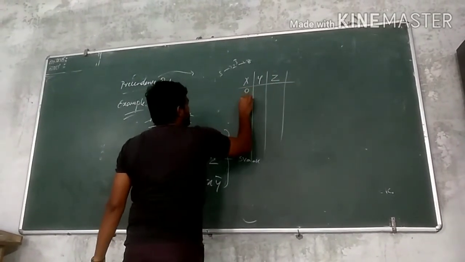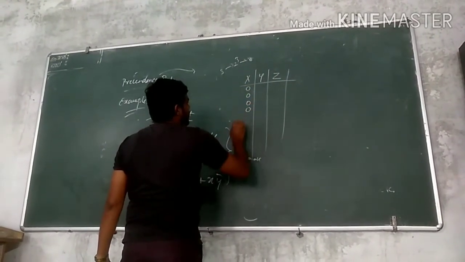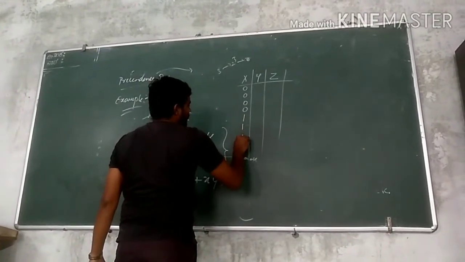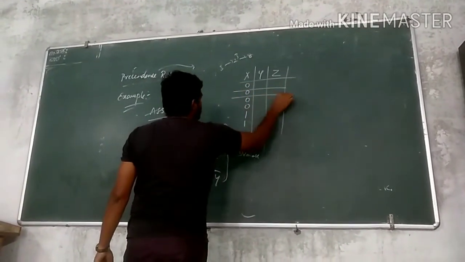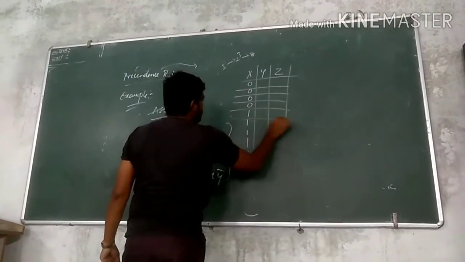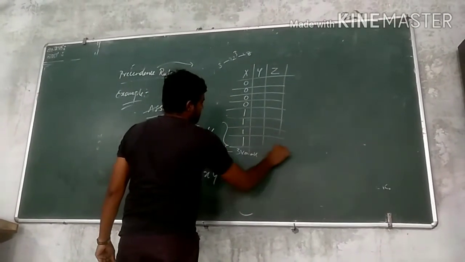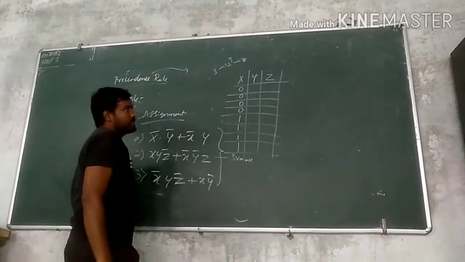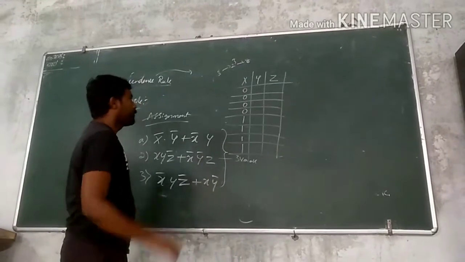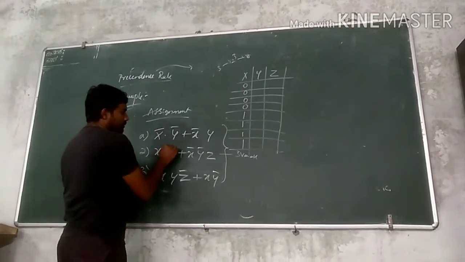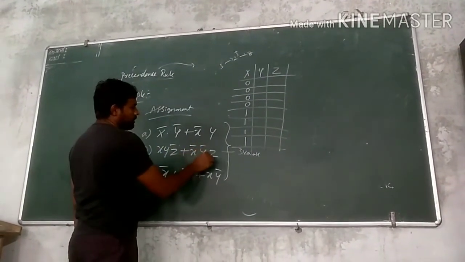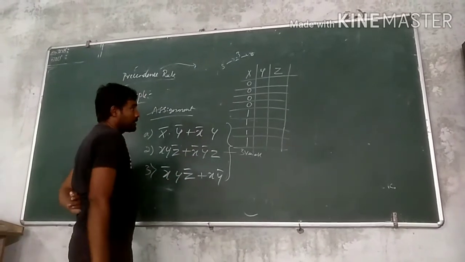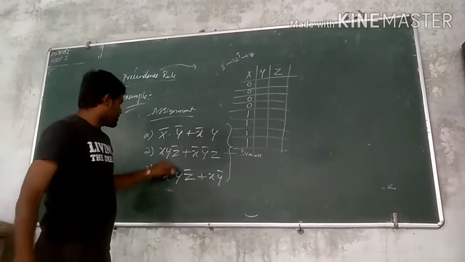Eight rows means 0 0 0 0 1 1 1 1. This is the way of writing the table first. Clear? Okay, now start solving the equation.